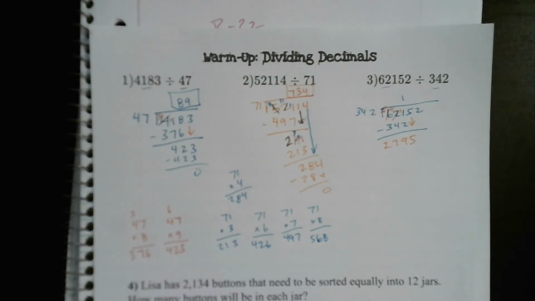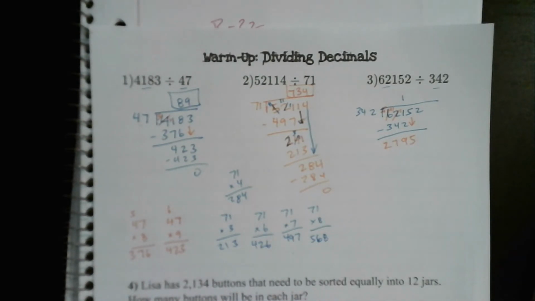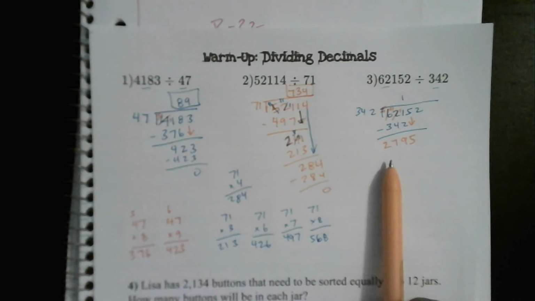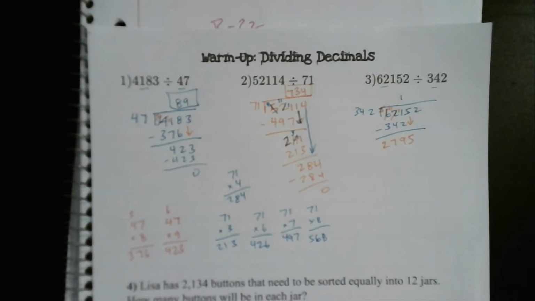So 2795. Goodness. How many times does 342 go into 2795? Well, 342 times 10 would be 3,420, which is way bigger than that. But this is about more than half, so I'm going to guess 7.